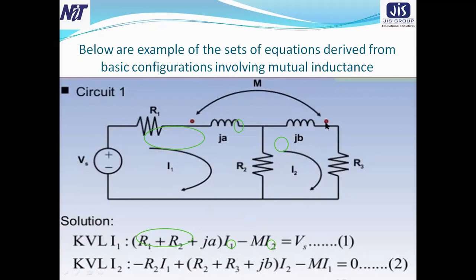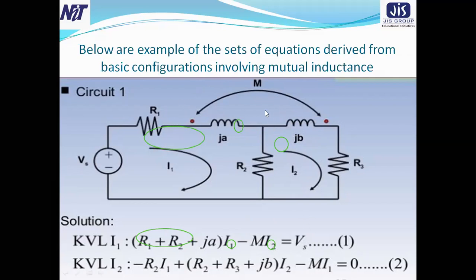So here the sign is in the opposite position, so a minus sign is coming. Now for the second loop: −R2 I1 + (R2 + R3 + jωLB) I2, where R2 + R3 + jωLB are all in the same direction, − M I1.